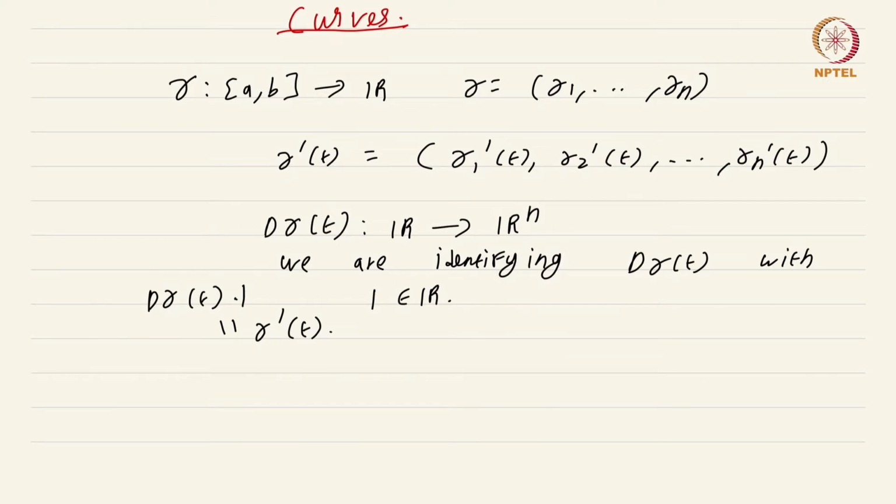You can view this derivative gamma prime of t as the tangent vector to the curve gamma at the point t. So this viewpoint of viewing the derivative as both a vector and a linear map will become very important soon. Also, because many of these notations are motivated from physics, this vector gamma prime of t is also called the velocity of the curve at the point t.